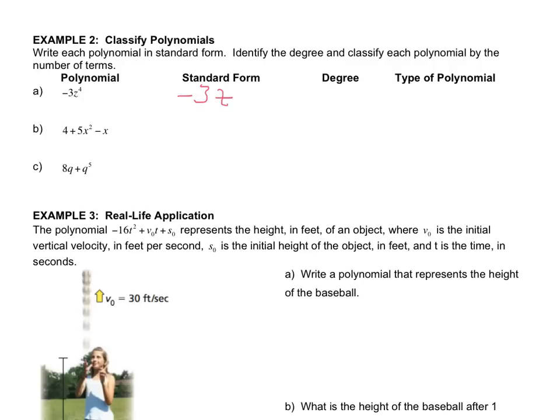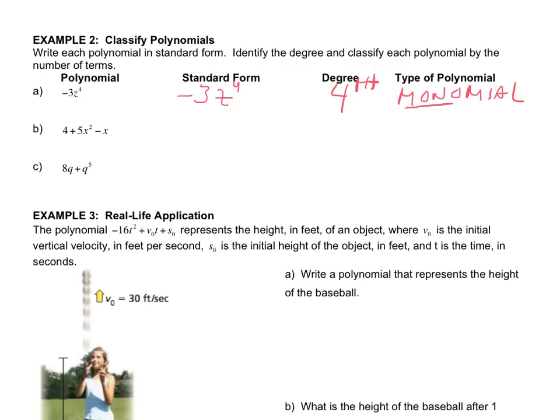So negative 3z to the fourth. The degree of this monomial, because there's only one term, is the fourth degree. The type of polynomial, it is a monomial. And again, mono stands for one. There is one term in this polynomial.